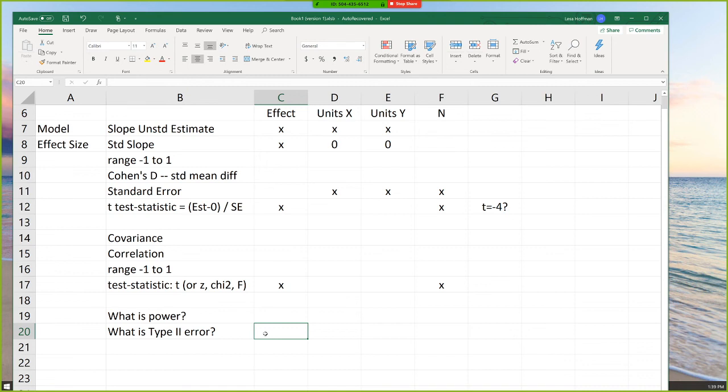Conventional levels of type 2 error that are accepted in the social sciences is 0.2. Power is 1 minus type 2 error, power of 0.8. So you want to be able to have 80% power to detect an effect when you design a study.